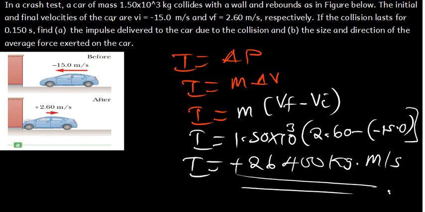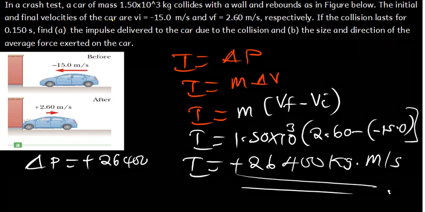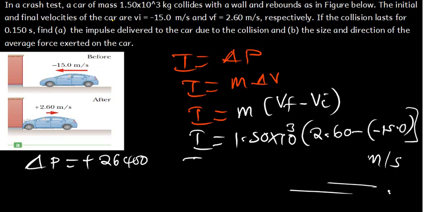Now the next question is saying, what is the size and the direction of the average force exerted? So to find the average force, let's not forget that the momentum, which is the same as the impulse, is positive 26,400.